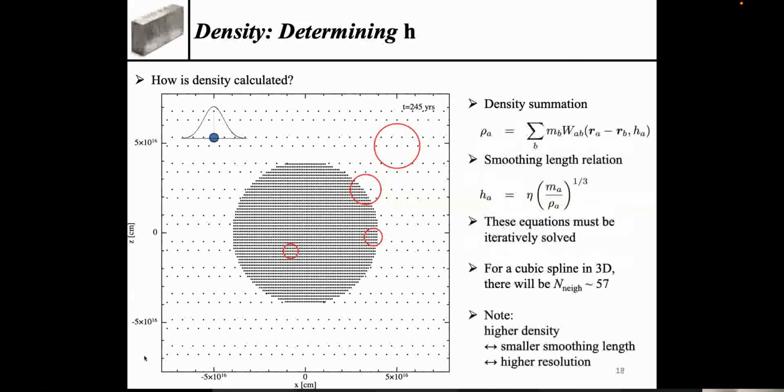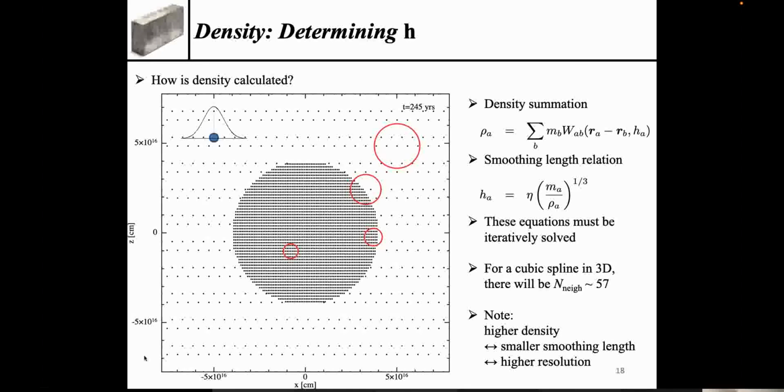This is done by an iterative process. The density is still the same function that we showed before, and the smoothing length is now given by the second equation. You can see that they're both dependent on h and density, so this does need to be solved iteratively, ideally through the Newton-Raphson method.